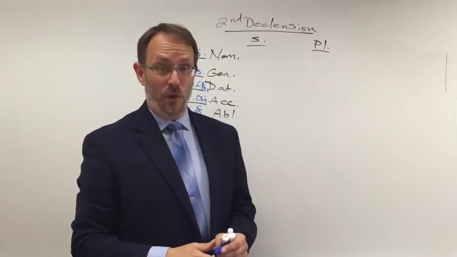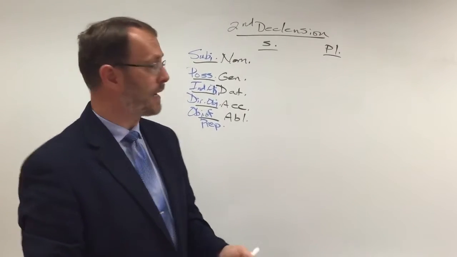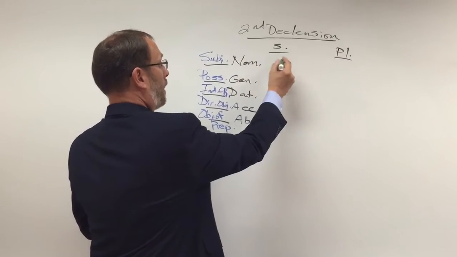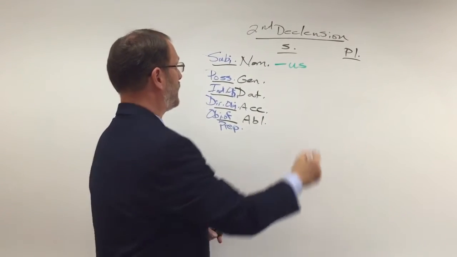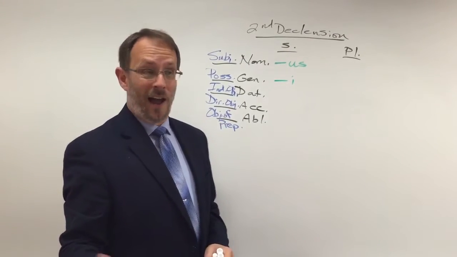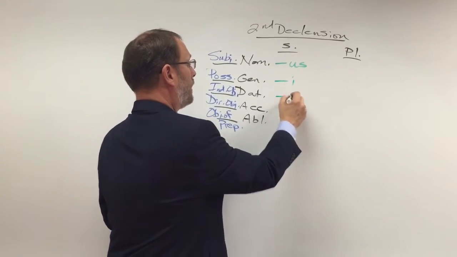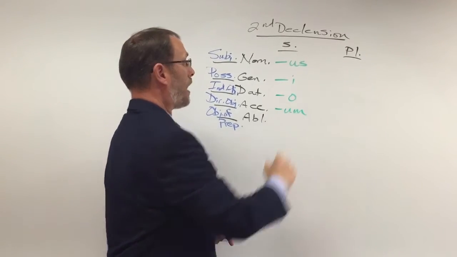Now we know what all those endings would be for those cases in first declension, but what do they look like in second declension? Well, if we've got a subject and there's only one of it, in second declension it ends with US. In genitive singular for possession, it ends with that long I, pronounced E. Indirect object dative is O. Accusative direct object is UM.